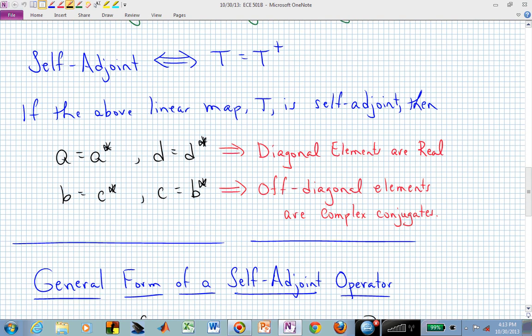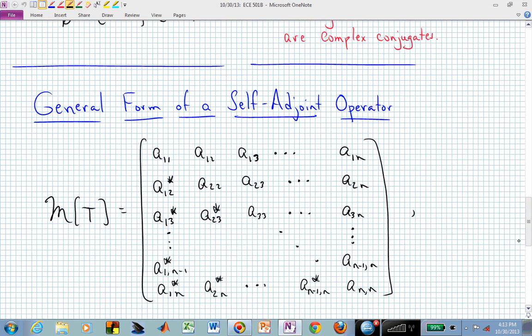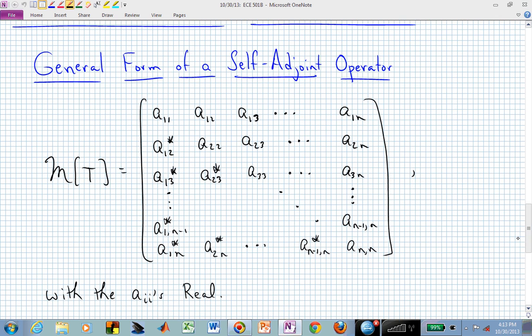What does that say about the general form of a self-adjoint operator? This is maybe a busy matrix, but watch it and take it all in. We need the diagonal entries to be real, so A11, A22, A33 through ANN are all real. Then we have this complex conjugate relationship between the off diagonals.